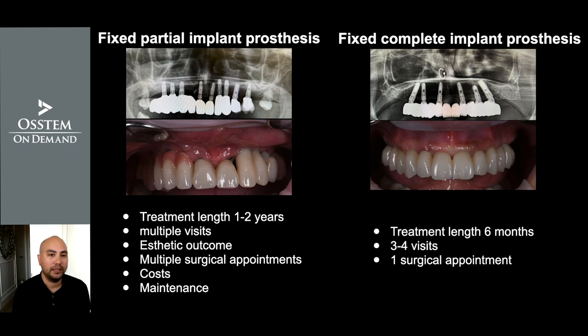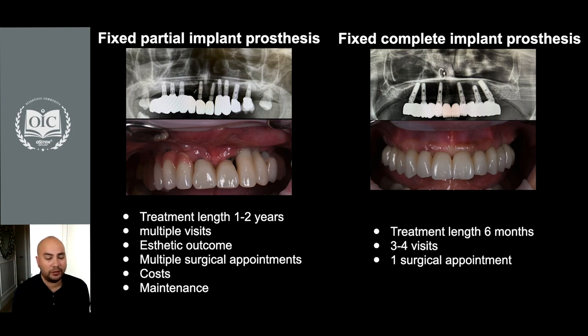The reason why: if the patient wants to have a fixed partial implant prosthesis, it means that he wants to start with one zone and then years after move to the other side.